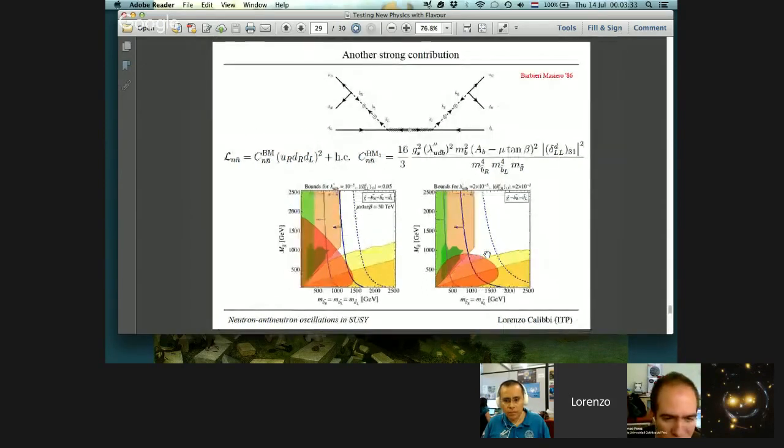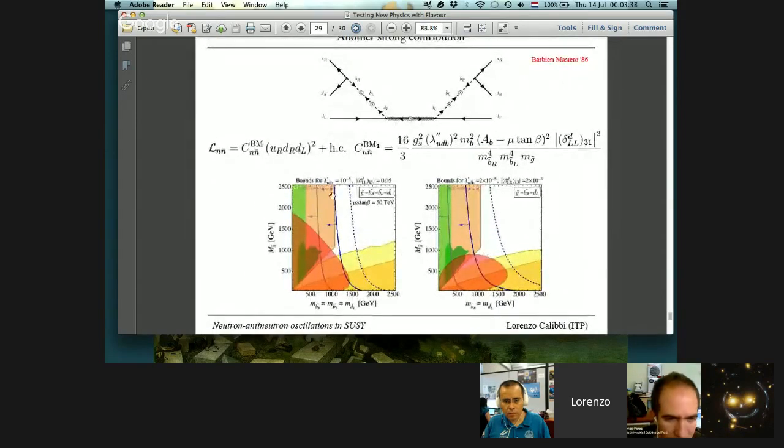So what is the orange region then? This one, you mean? The dark orange. This one is from flavor changing neutral currents. In this case, the most stringent process turns out to be B to D gamma, which gives a pretty strong constraint here.